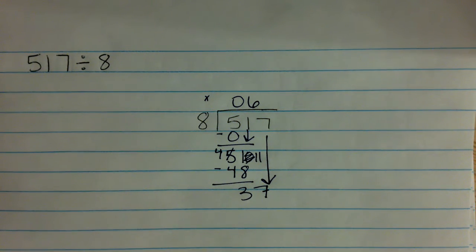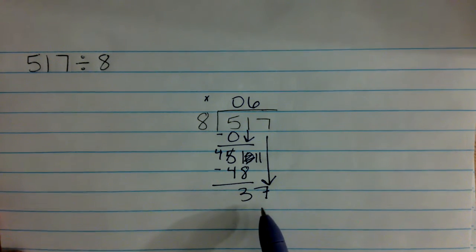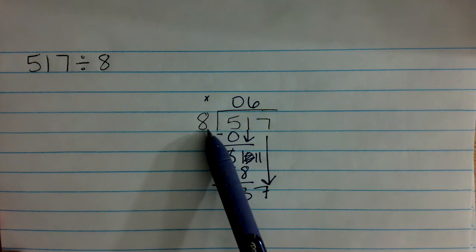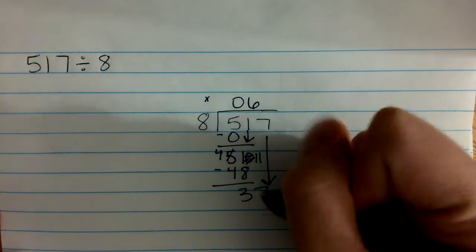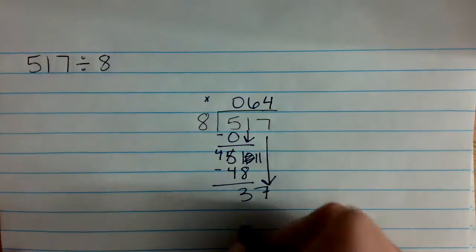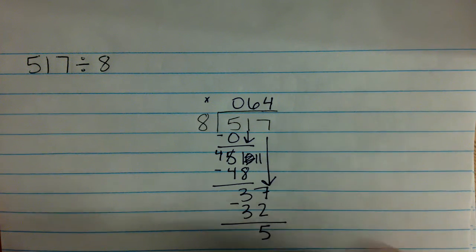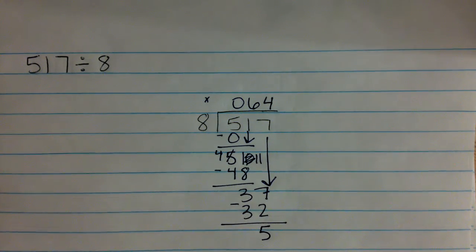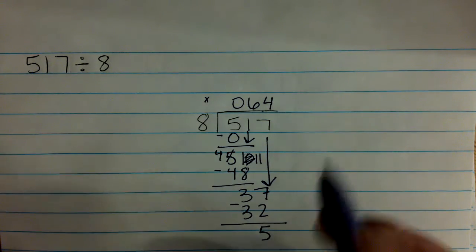Well, 8 times 5 I know is 40. But 40 goes over 37. So 8 times 4 is 32. Well, that looks like that's under 37. It's pretty close. So 4 times 8 is 32. And that leaves me with 5. Well, 8 cannot go into 5.